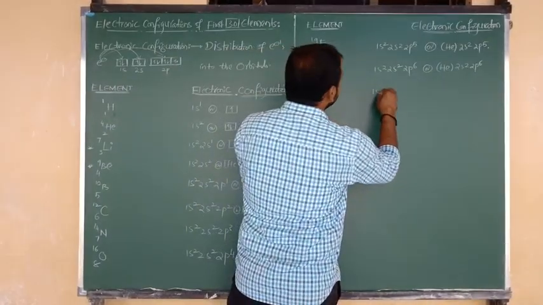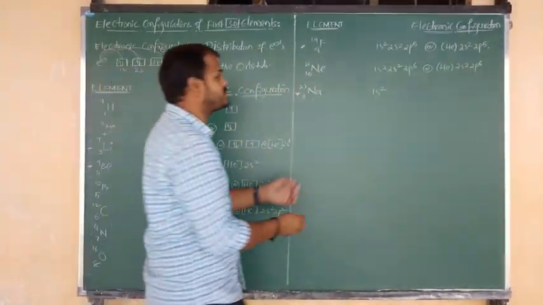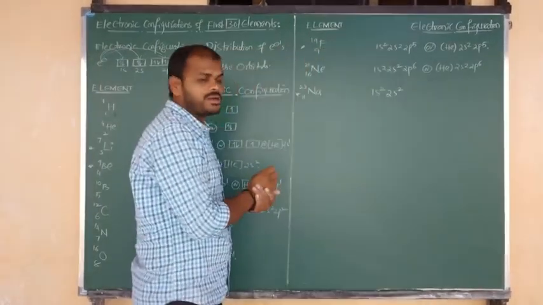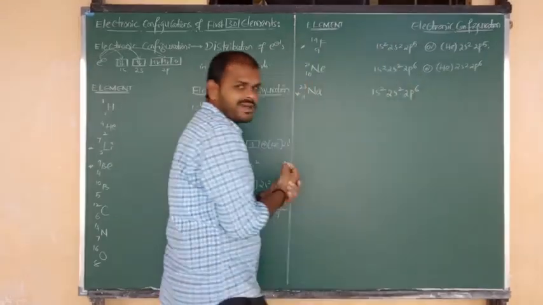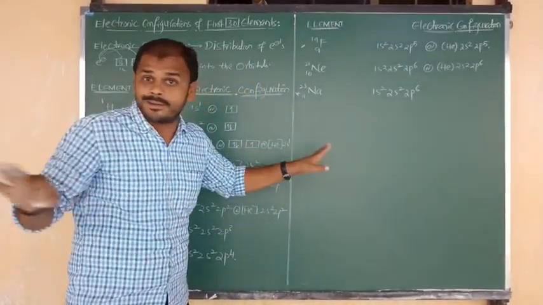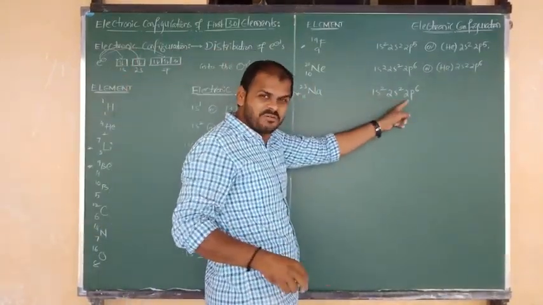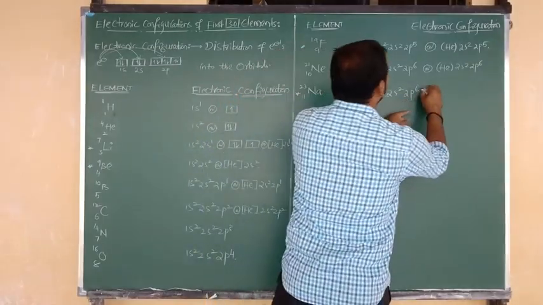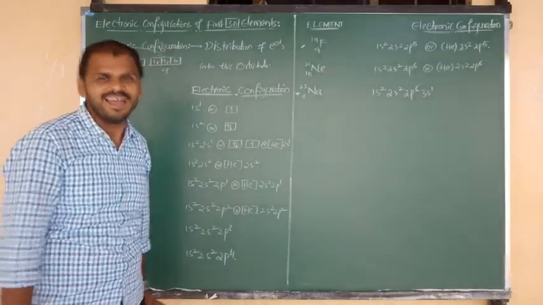Out of 11 electrons, 2 are distributed into the 1s orbital. The remaining 2 electrons are distributed into the 2s orbital. The remaining 6 electrons are distributed into the 2p orbital. Up to now 10 electrons are distributed. One more remains. After filling 2p, as per the above rule, the next electron enters 3s1.